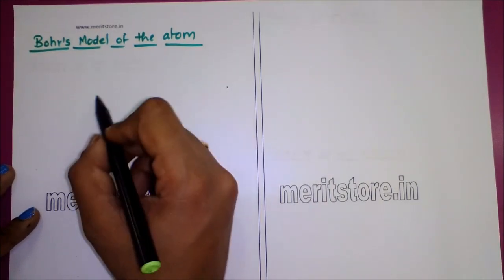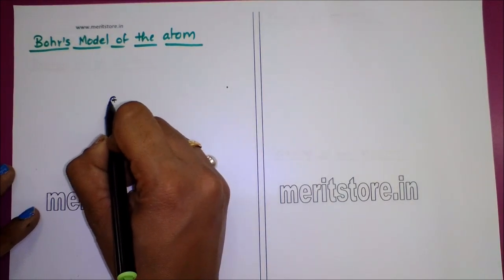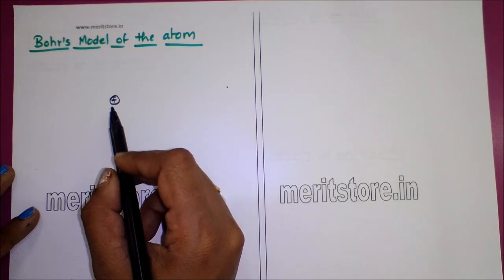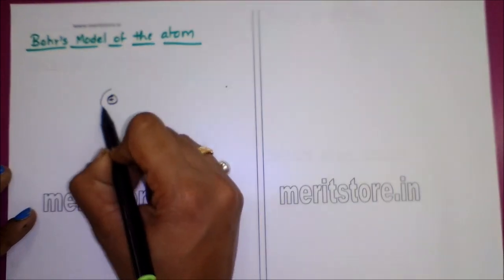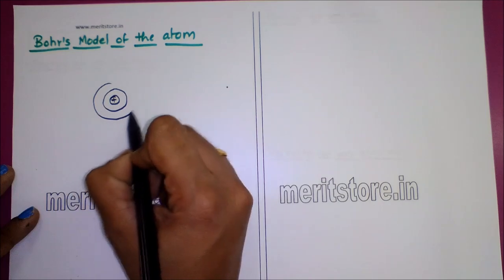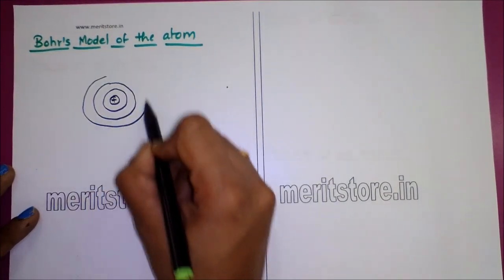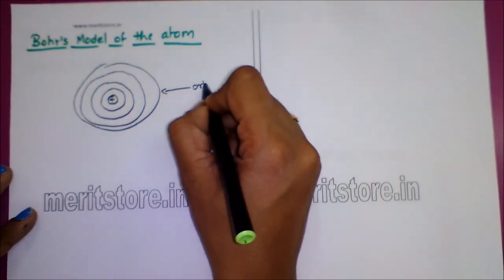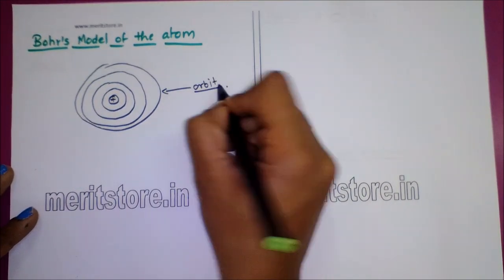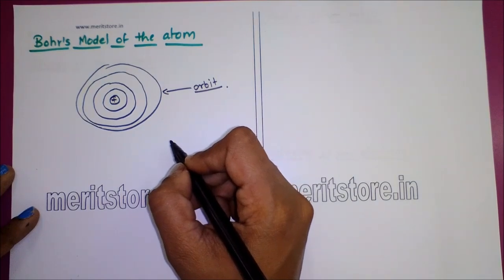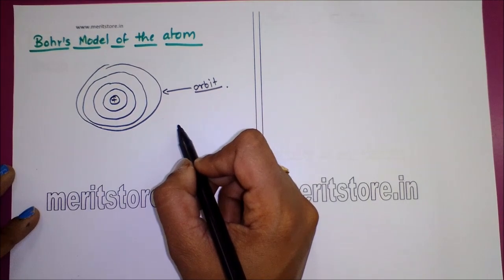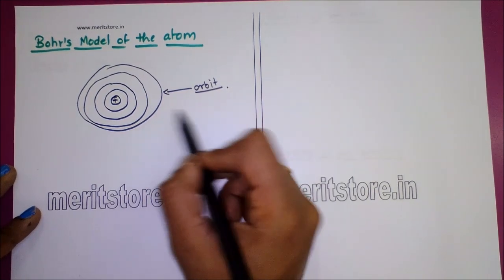According to Bohr's atomic model, the nucleus consists of positively charged protons as well as neutrons, but the electrons revolve around the nucleus in certain circular paths. We call the circular path an orbit, or a shell. Now these orbits are associated with definite energies and hence they are called energy shells.